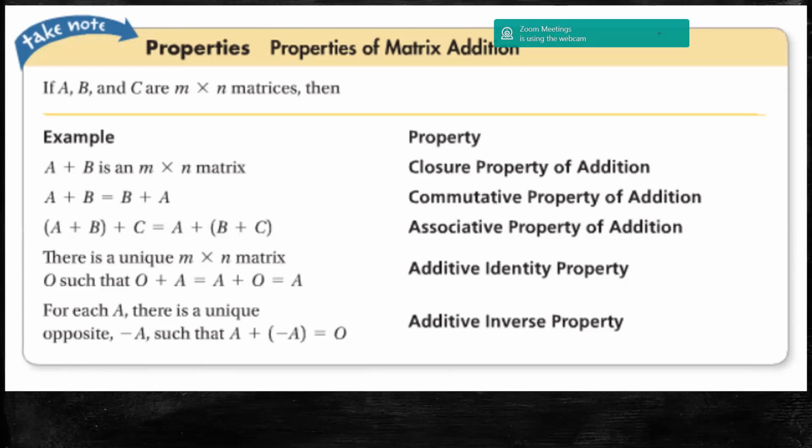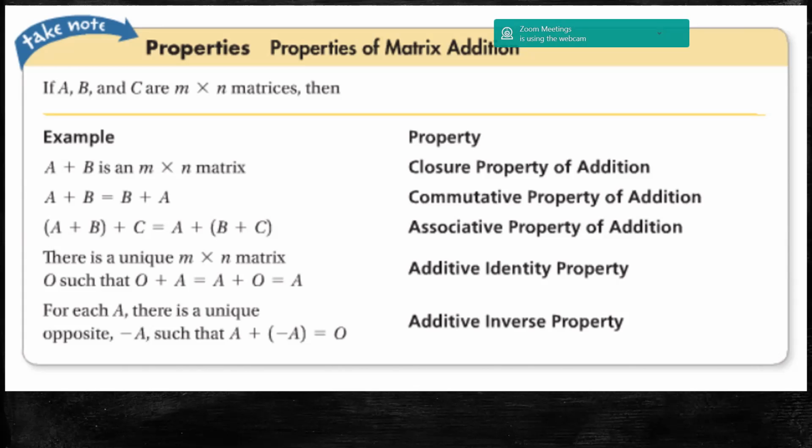If A, B, and C are all matrices with dimension M times N, then A plus B must have the same dimension. A plus B equals B plus A. We know it, it is the commutative property.